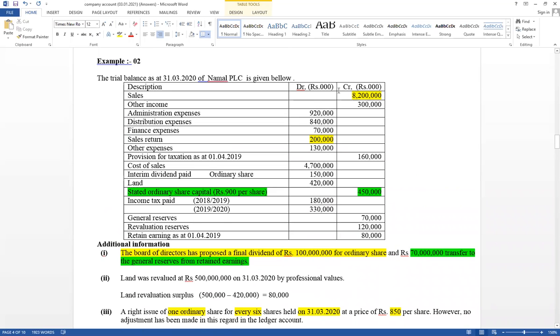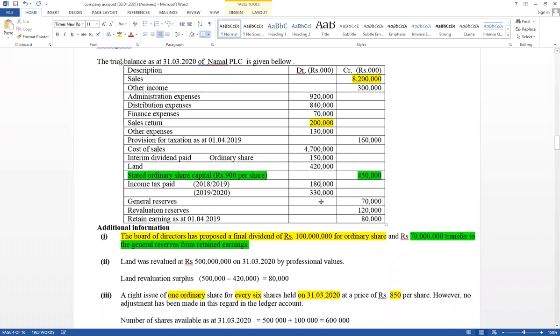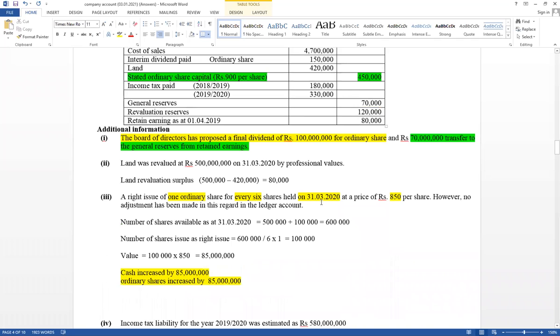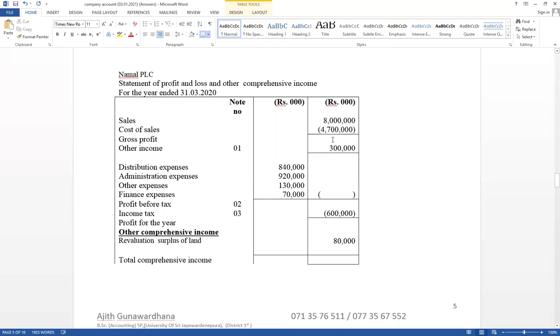Then complete income statement and statement of change in equity. Right, now move to the income statement, complete. Take gross profit. Sales value is available. Then sales value equal 8 million. This one minus this one, gross profit can be calculated.